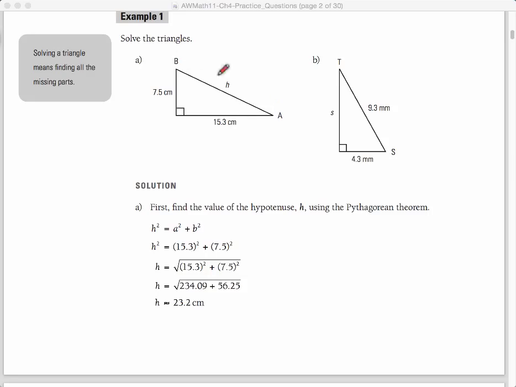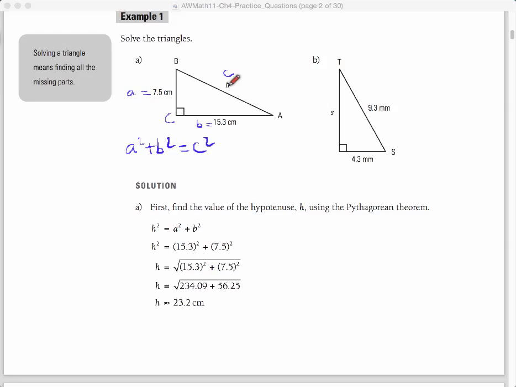Now they've labeled these a, b, and this would be c. And typically we write a squared plus b squared equals c squared. Remember that these little letters a, b, and c are the letters designated opposite the capital letters for the angles. So this is angle A, so this is side a here. This is angle B, so this is side b, and capital C for the angle, so this really is typically side c when we fill out the formula.